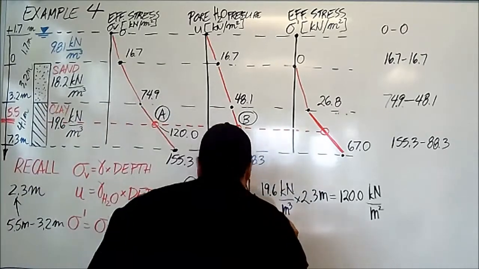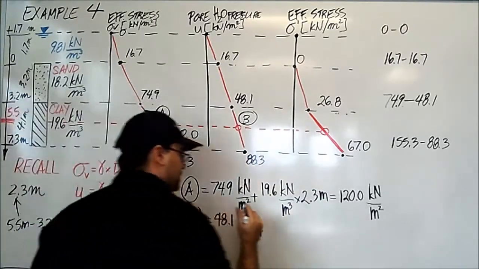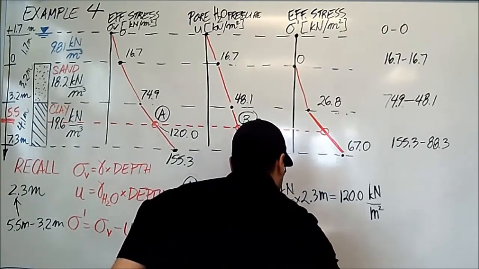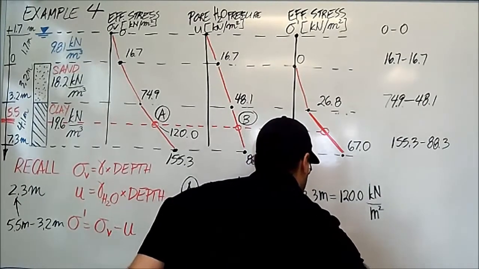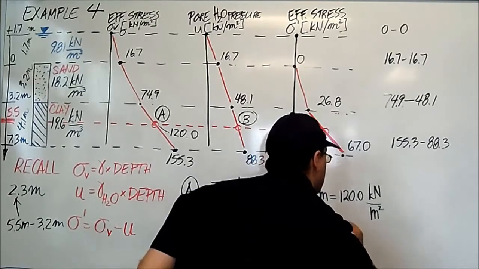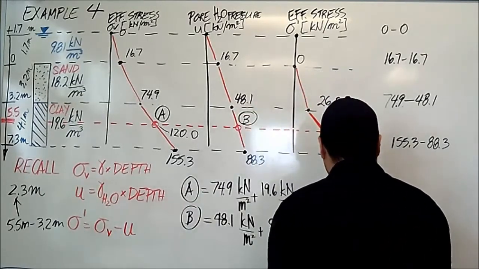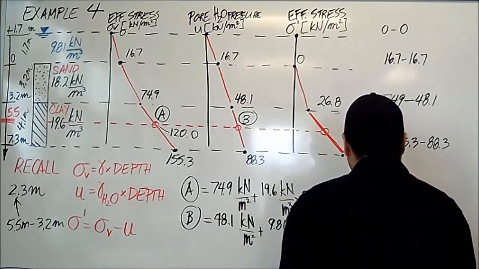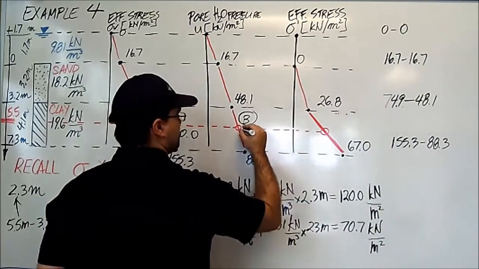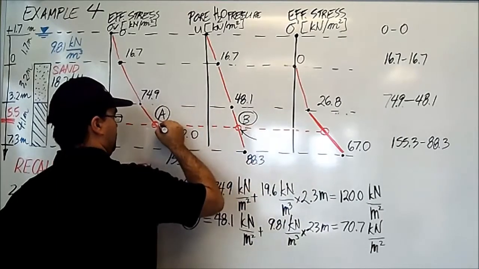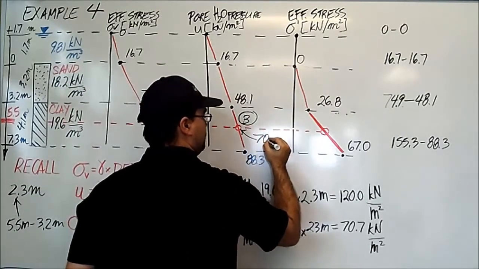So the unit weight of water, based on the formula, is 9.81 kilonewtons per cubic meter times 2.3 meters equals 70.7 kilonewtons per square meter. This here is 70.7.